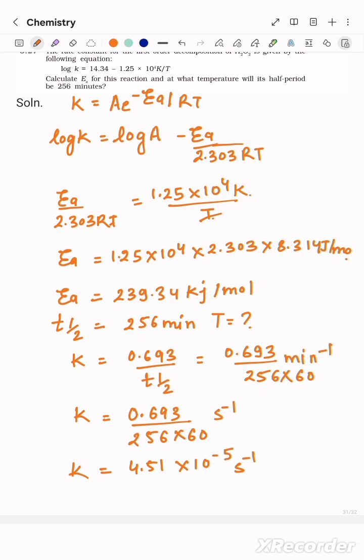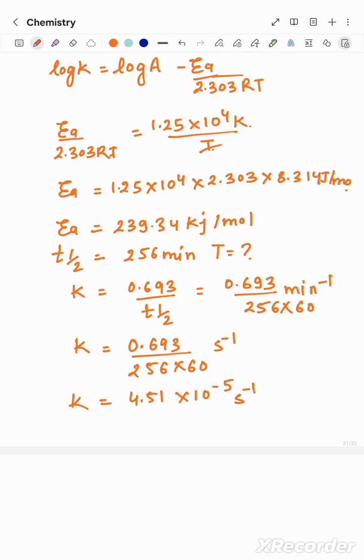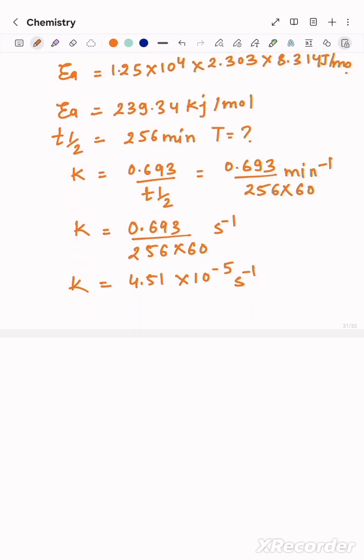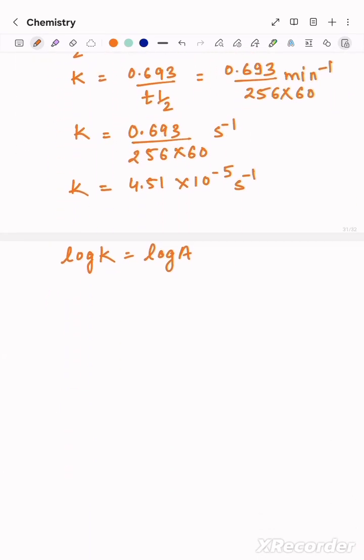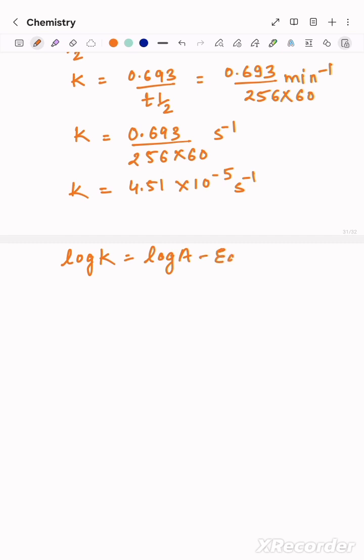Now next we correlate this k value in the equation. This log k is equal to log A minus Ea by 2.303 RT. We put the k value here. So the equation is log k is equal to log A minus Ea by 2.303 RT.